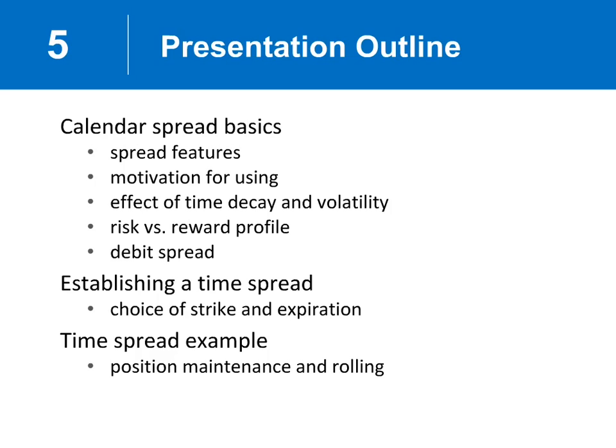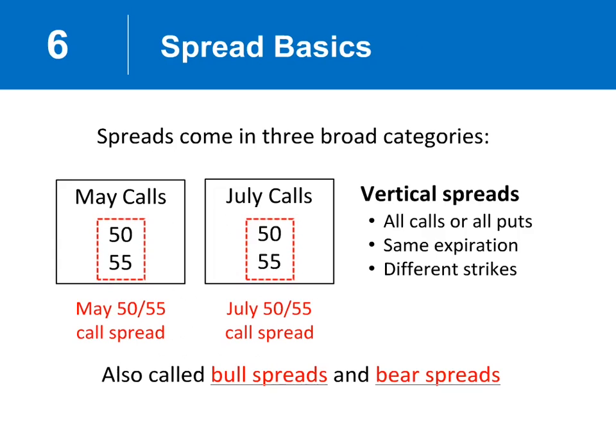Next slide, slide 6, Nick. We get into the whole idea of spread basics, and really there are 3 types of spreads out there that I think are the foundation of spread trading. One is the vertical spread. When we talk about these 3 broad categories, vertical is where it's always all calls or all puts in the spread combination, same expiration, but different strike prices.